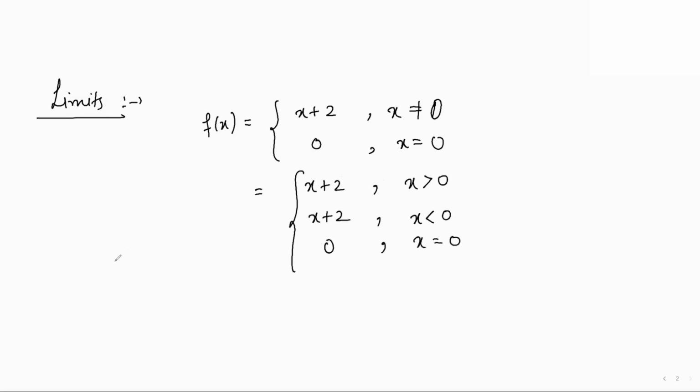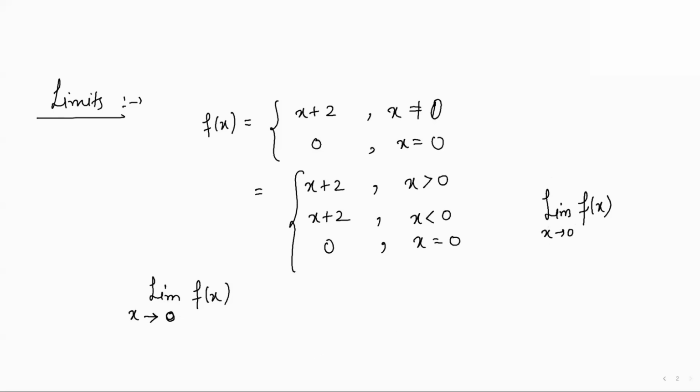I want to know the limit of this function when this variable x is approaching 0. This is how we write. I'm saying I want to know the limit of the function f of x when x is approaching 0.